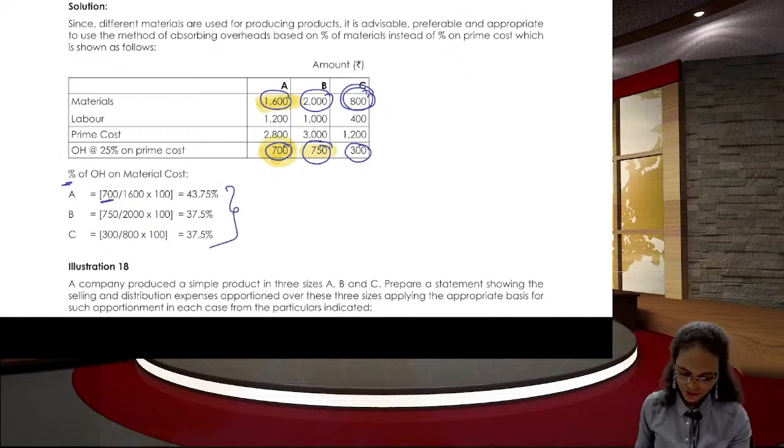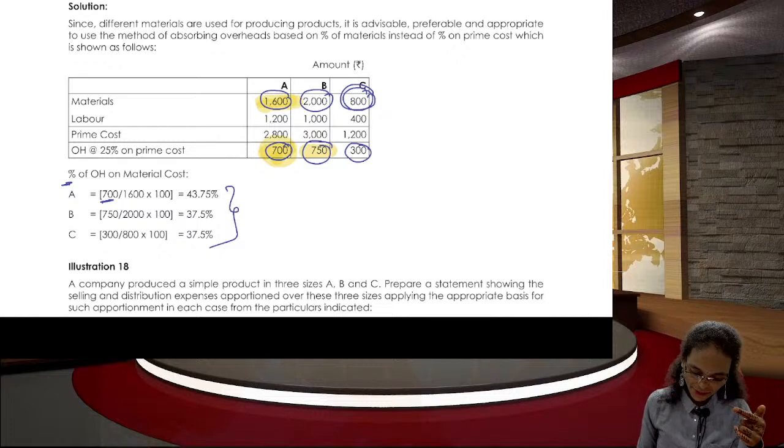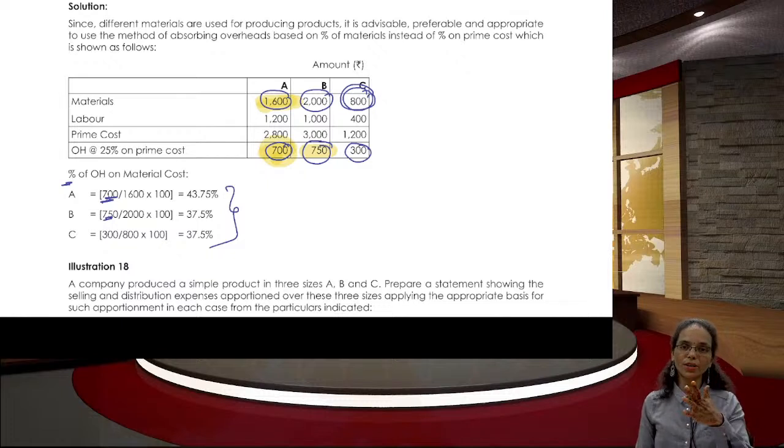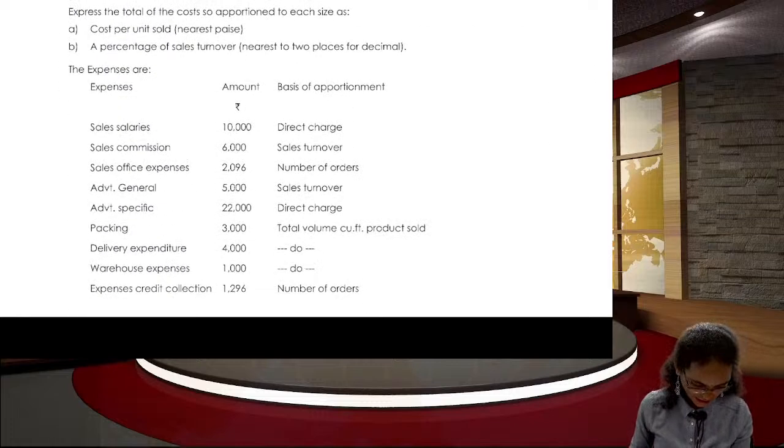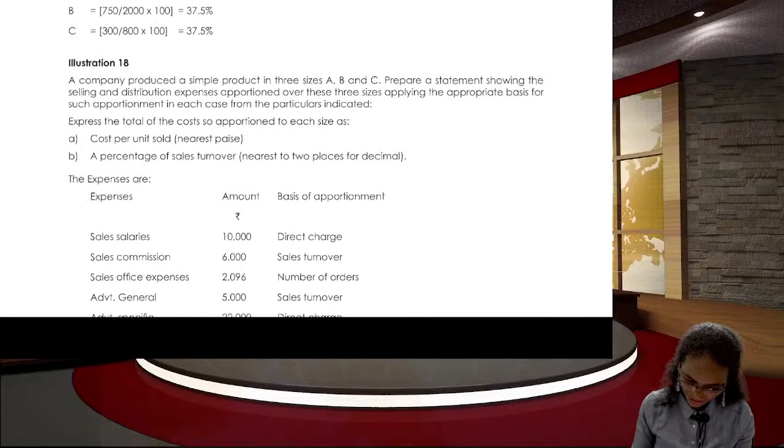So you will get this much as a percentage. So you need to recover the overheads on the basis of the material, because this is a material oriented one and different materials are consumed. Right? That's it, guys. Next one.